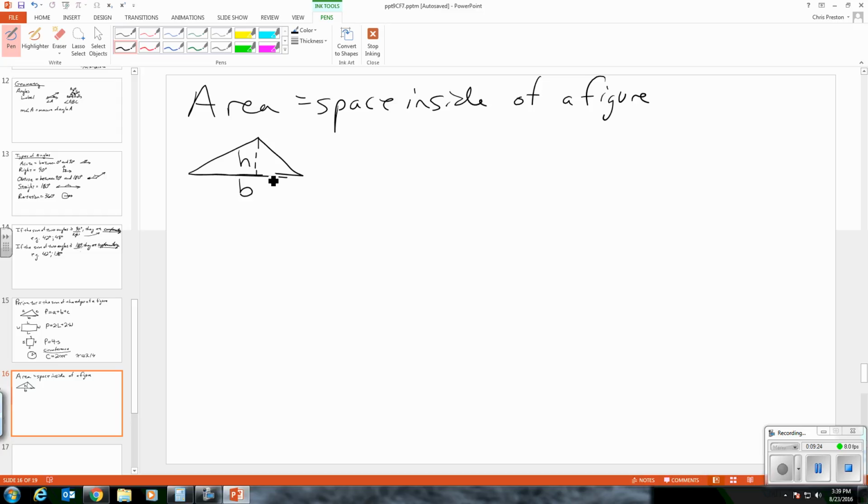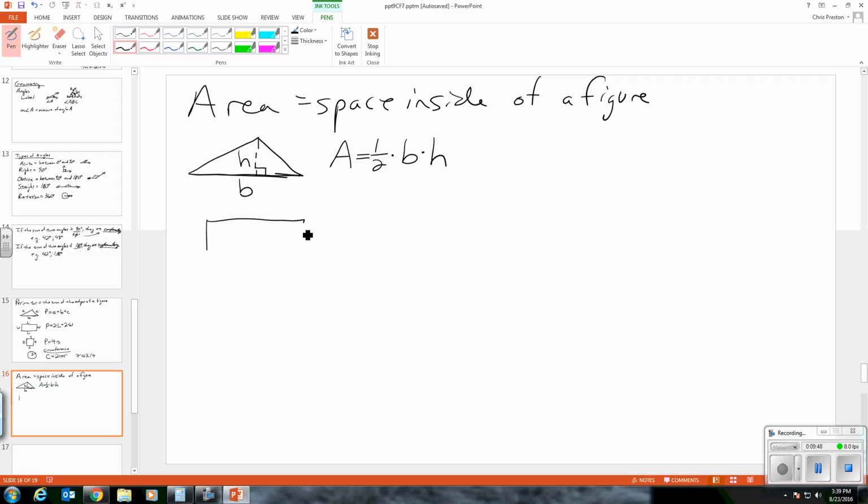The height is always measured at a 90-degree angle to the base, whatever is considered the base. And then the area of this, you take 1/2 times the base times the height. And I'll mention in a second why it's 1/2 times base times height. But that's the formula for it.